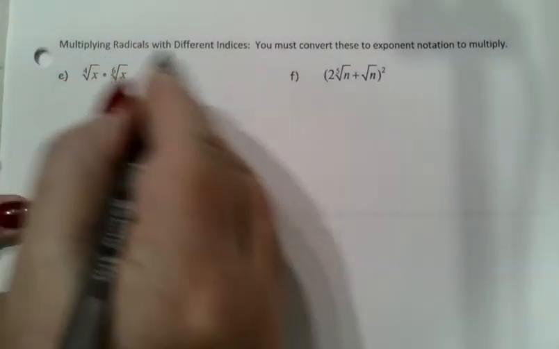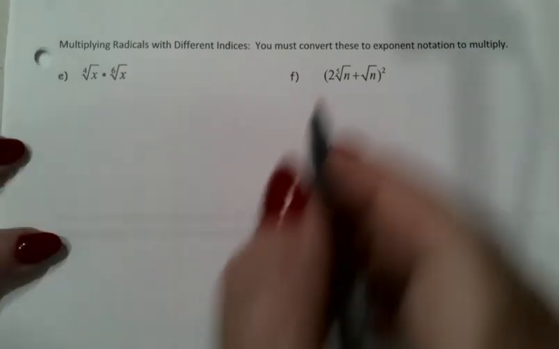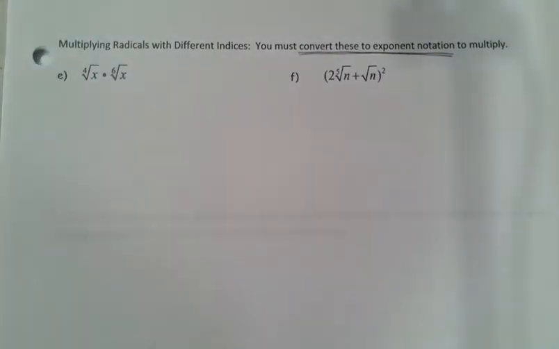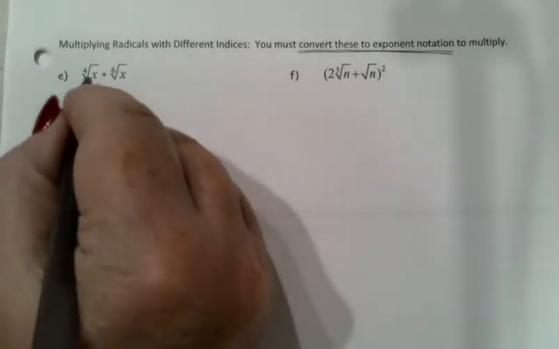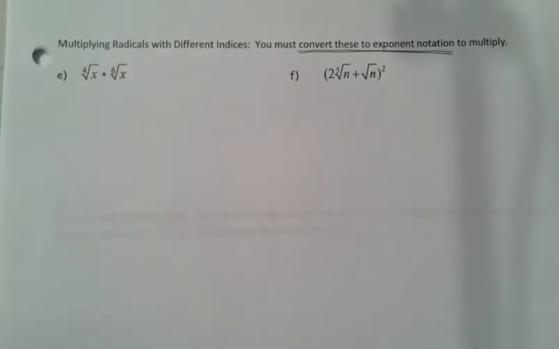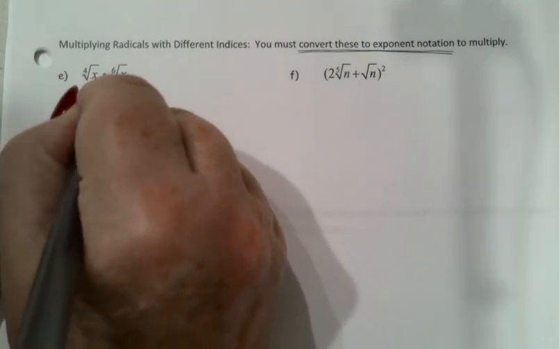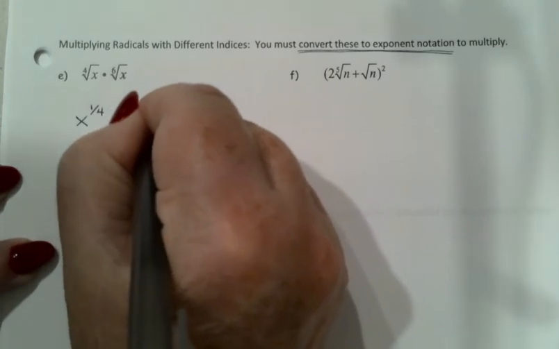If I really need to multiply radicals with different indices, I have to convert them to exponent notation, and then I'll be able to multiply just using my rules of exponents. So what would that look like? Different indices means I can't multiply them as radicals. So I'm going to write this as x to the 1/4 power multiplied by x to the 1/6 power.